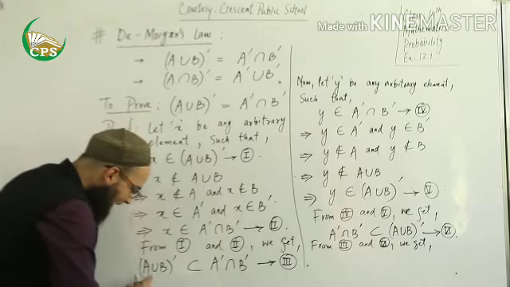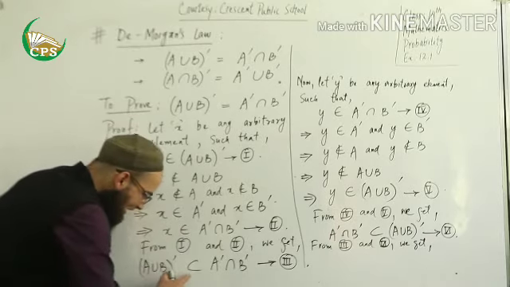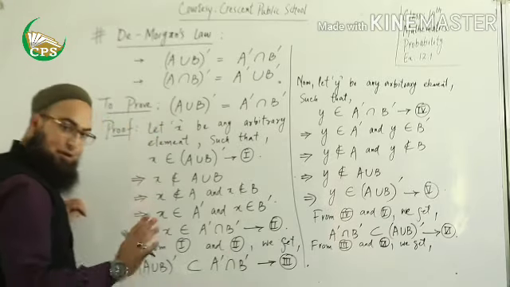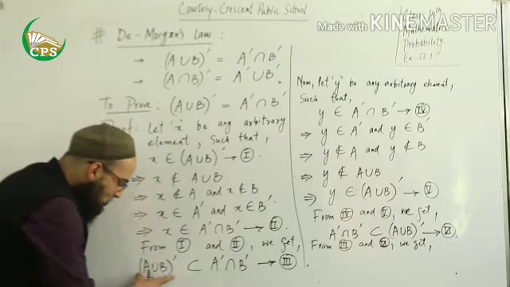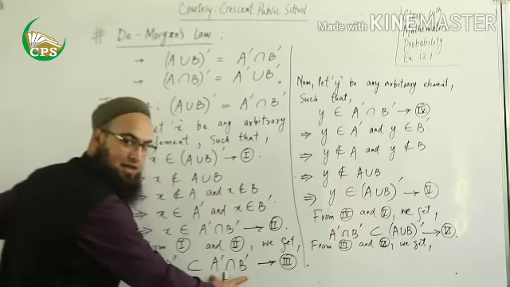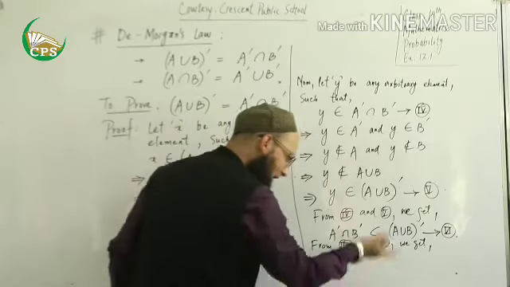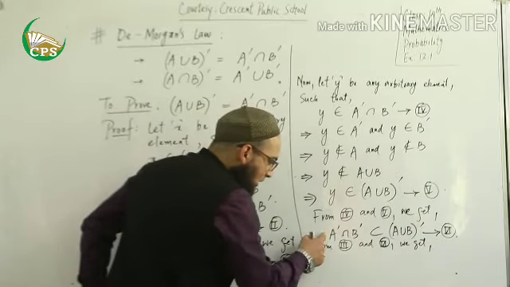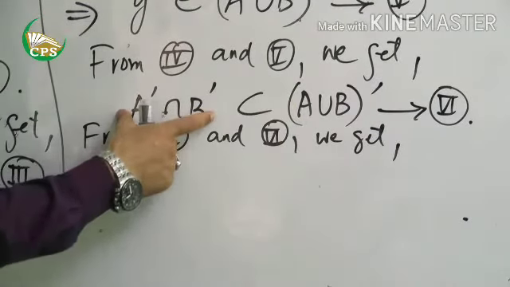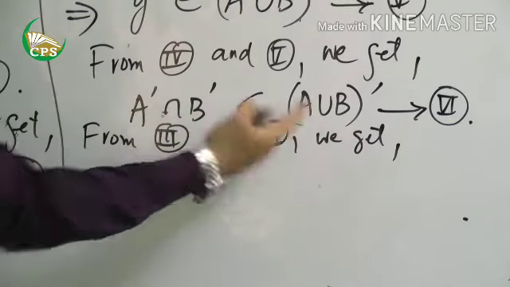Here A union B whole complement is a subset of A complement intersection B complement. That means all the elements of this set are present in this set. Here it is the opposite. This set is a subset of this. That means all the elements of this are contained in this.